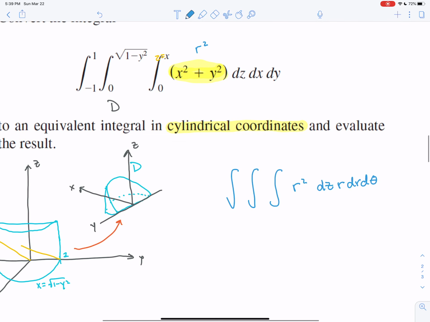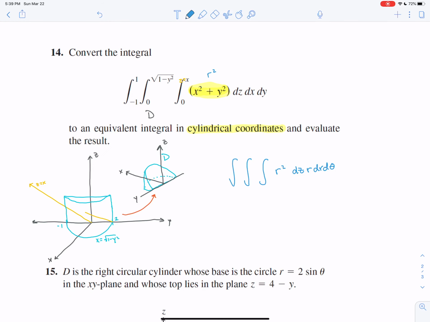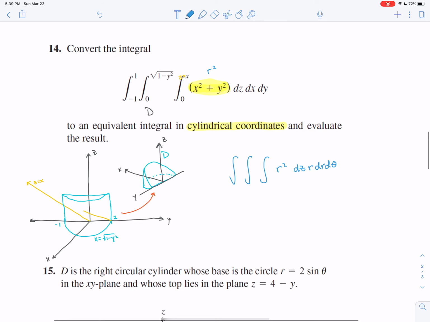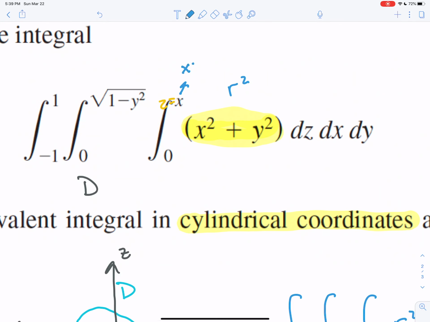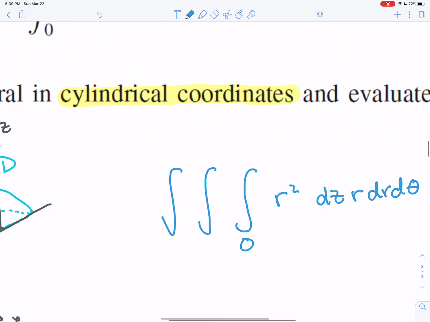In this case, we'll still be going from z equals 0 to z equals x, and x becomes r cosine theta. So we'll have 0 to r cosine theta.